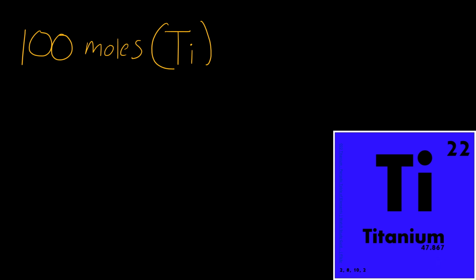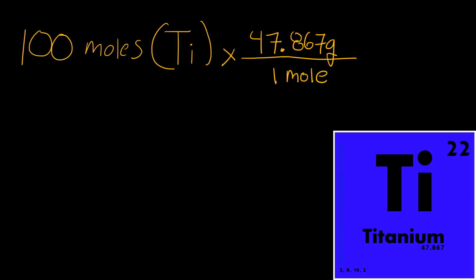So now all you have to do is write an equation that represents that. So I'm going to say that 47.867 grams of titanium is going to be equivalent to 1 mole. That's the ratio.